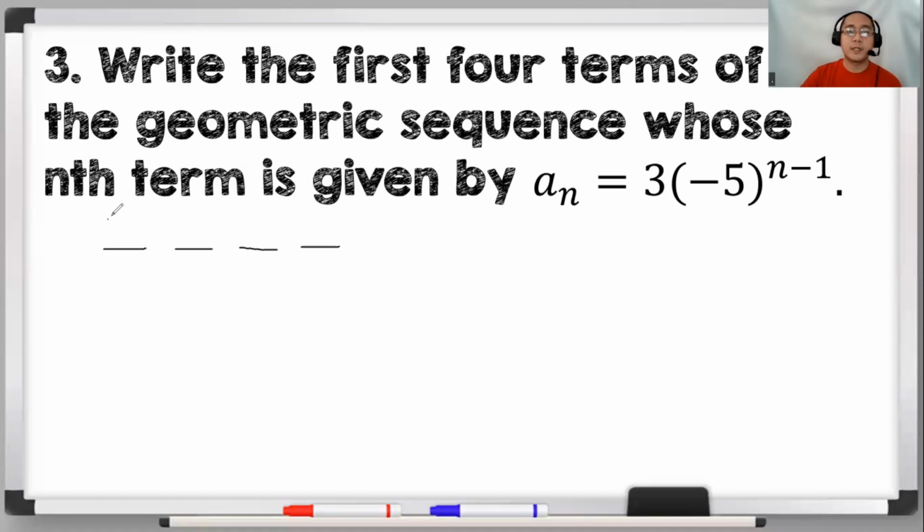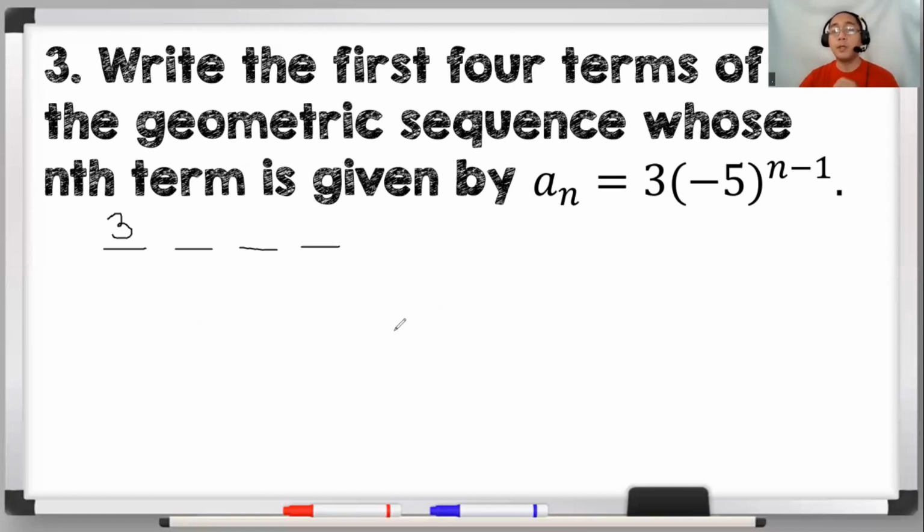So our first term is already identified as the value 3. So all we need to do is solve 3 more terms. So we will look for the second term. By the way, you may directly proceed in applying the multiplication of your common ratio or directly use the formula to solve that one.